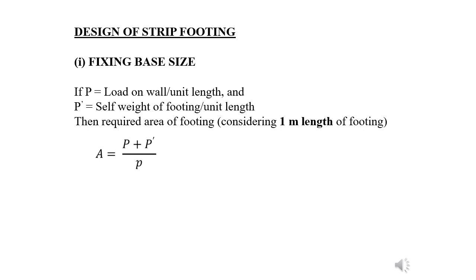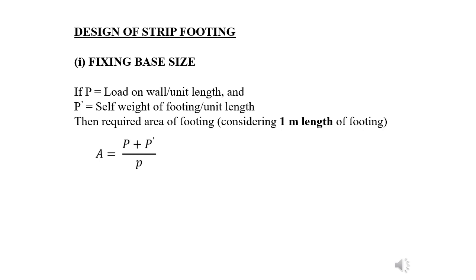P is the load on the footing per unit length. P dash is the self weight of the footing per unit length. Why are we taking per unit length? Because it is a strip footing, it is a continuous footing, right? And this small p, which is the denominator, indicates the safe bearing capacity of the soil. So load by stress is nothing but the area.